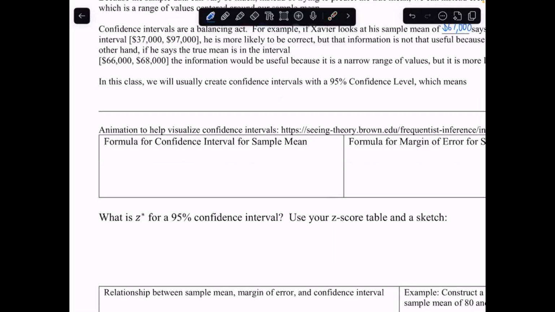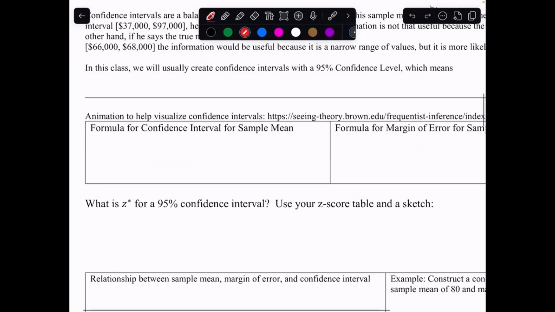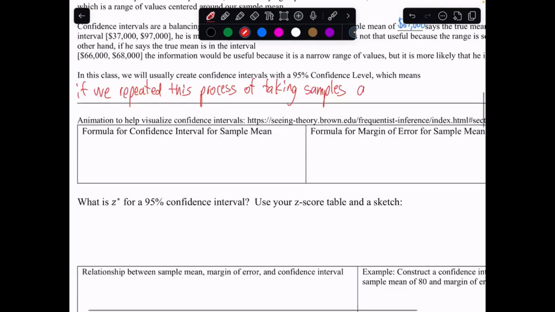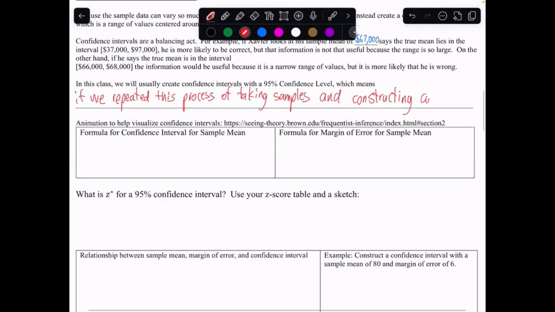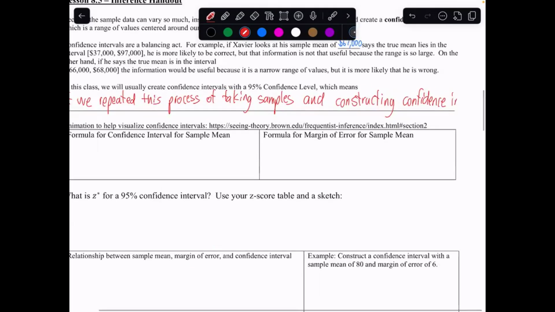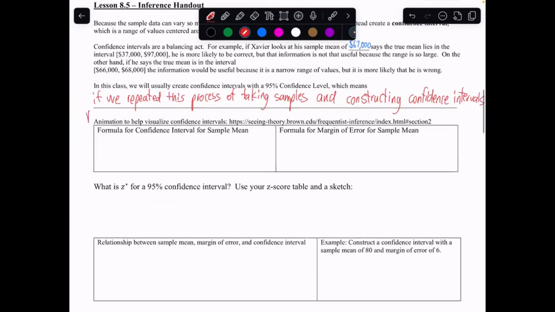So what a 95% confidence level represents is: if we repeated this process of taking samples and constructing confidence intervals many times, 95% of them would contain the true population mean.